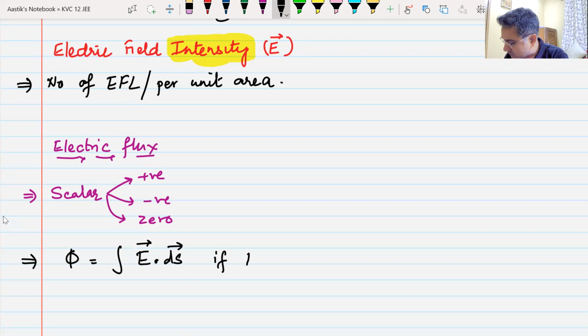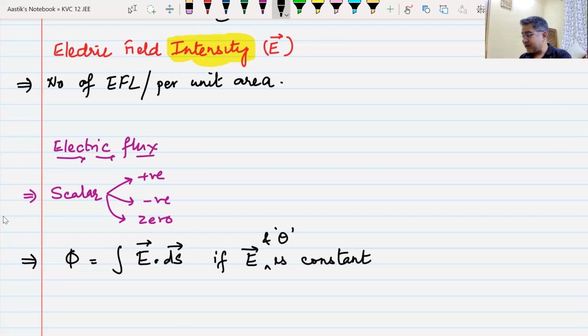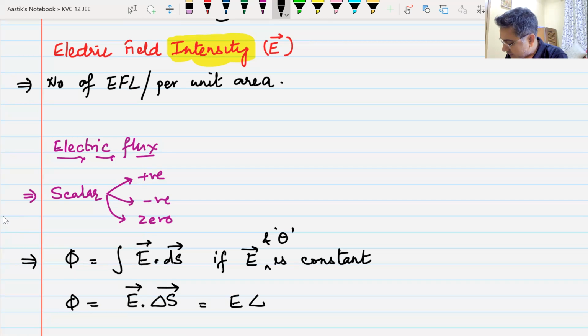If the electric field is constant and the angle theta is constant, I can write the flux as E dot delta S, where delta S is your area, and I can write it as E times delta S times cos theta.